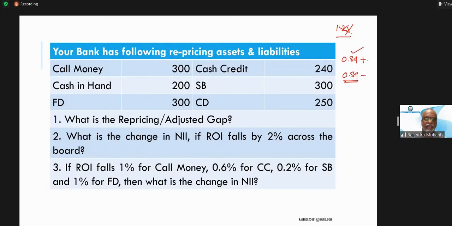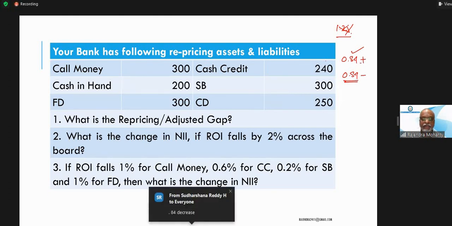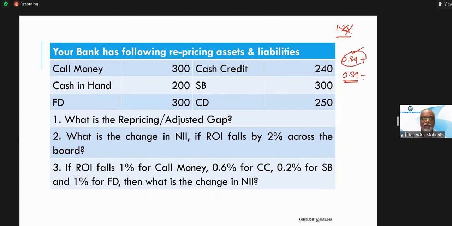Rest all are coming with increase. Anybody to support Shruti, or in a democratic country does the majority say increase means you also increase? Sudarshan Reddy supporting Shruti. Okay, decrease. So 2 decreases and 5, 6 increases. India is a democratic country, so this will win.